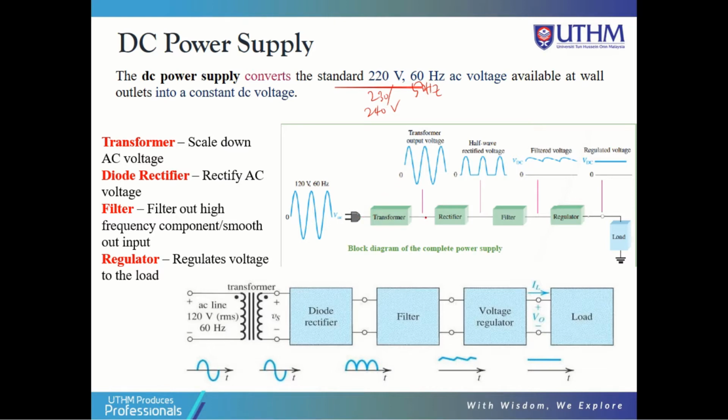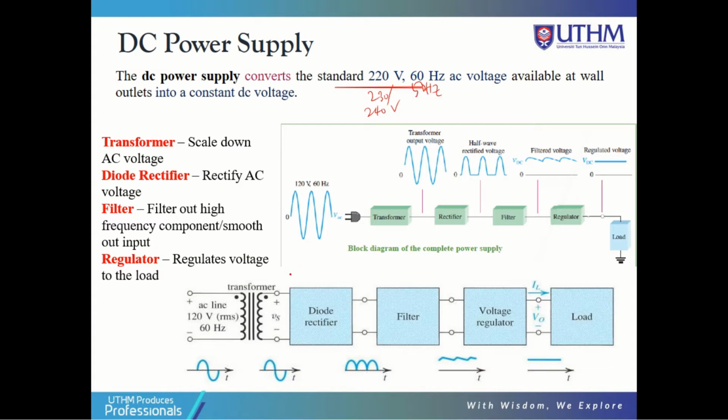Then dia guna rectifier untuk rectify the voltage. Rectifier ni dia nak convert from AC to DC lah. And then filter untuk menjadikan DC yang lebih smooth. And then dia guna regulator. So regulator dia akan automatic convert to the DC.